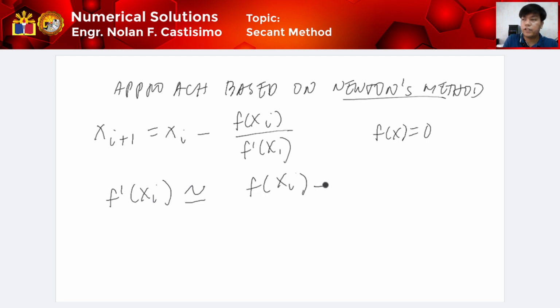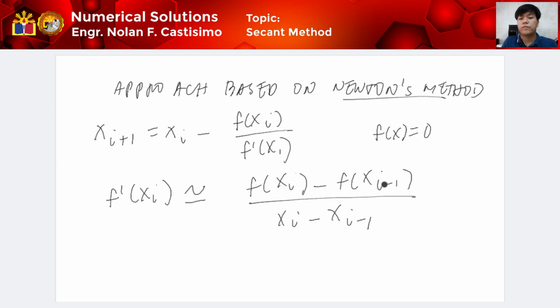So f prime of x sub i is approximately equivalent to f of x sub i minus f of x sub i minus 1 over x sub i minus x sub i minus 1. We substitute the value of x into the function, the current function minus the previous function, over our current x minus our previous value of x.